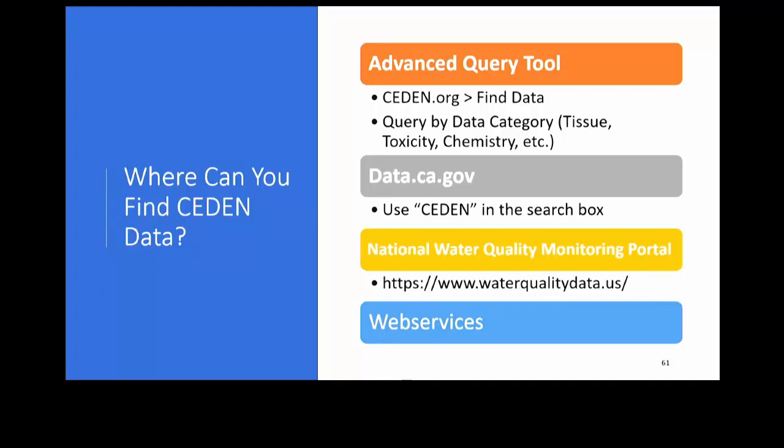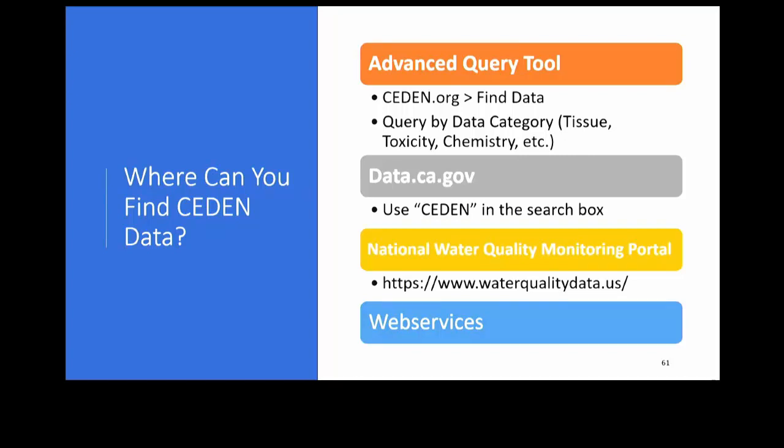So if you were providing a report on grantees that received Prop 50 grants, we have a program called Prop 50, and you could use that as your query and pull out all the data that were monitoring projects related to that Prop 50 program. And there are many other programs. That's just the one that popped into my head. So if all the data that you're interested in is in one program, then you can query by program.